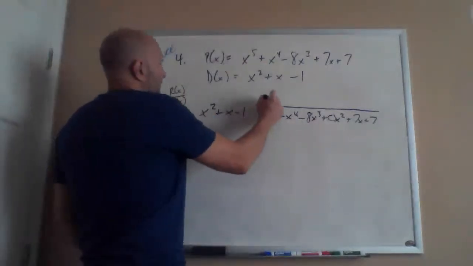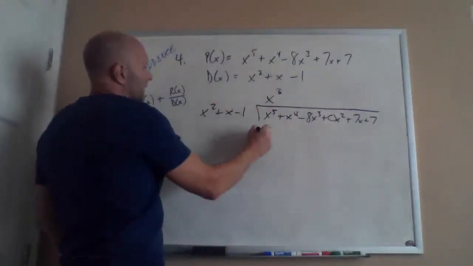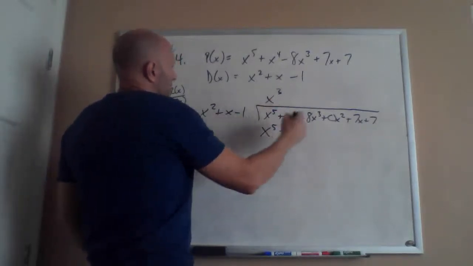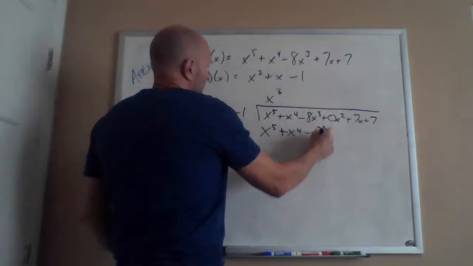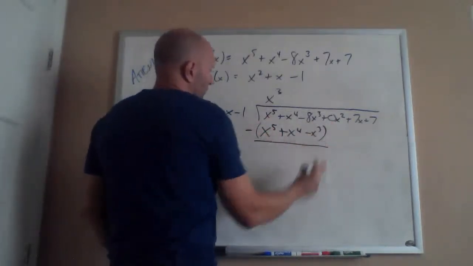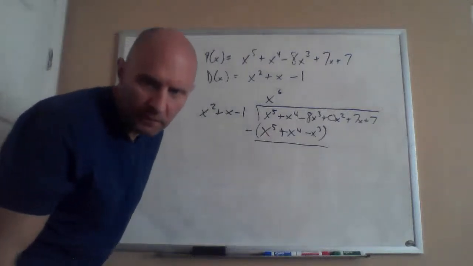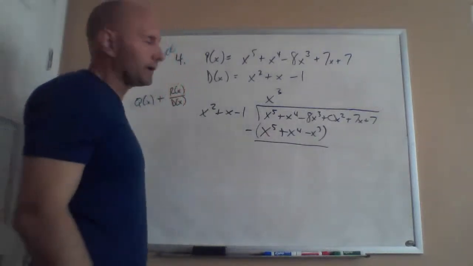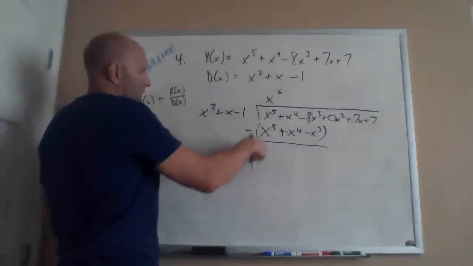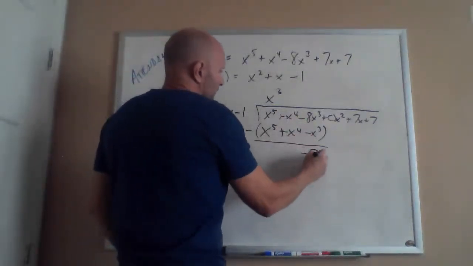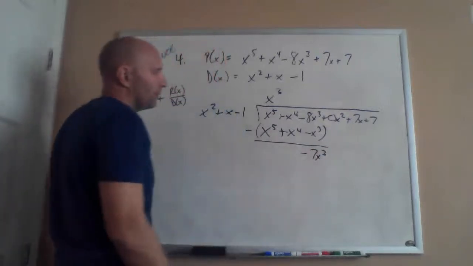So first thing is x to the third. This gives me x to the fifth plus x to the fourth minus x to the third. Subtract this whole thing. Be careful with the minuses. Correct, Amber. Yep. So that's gone. That's gone. So the only thing we're left with here is minus 7x to the third.